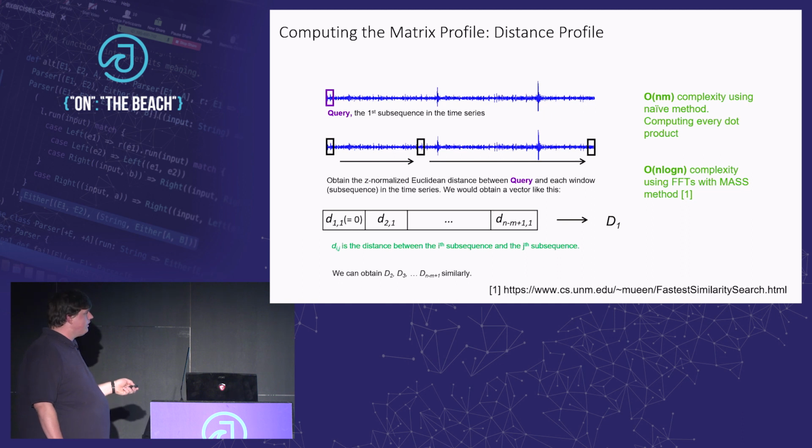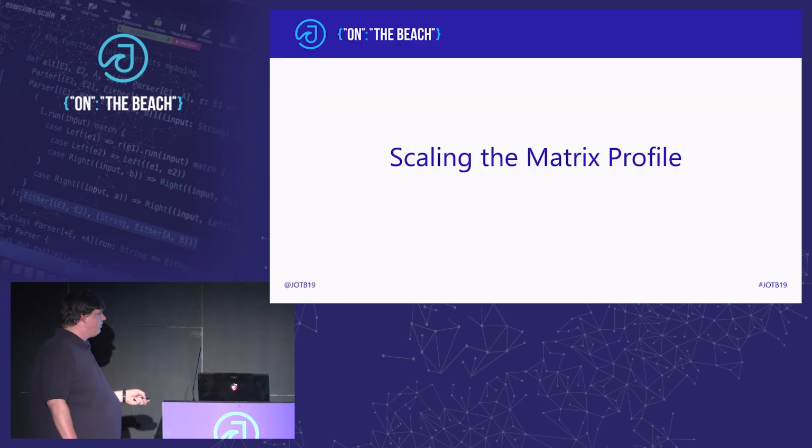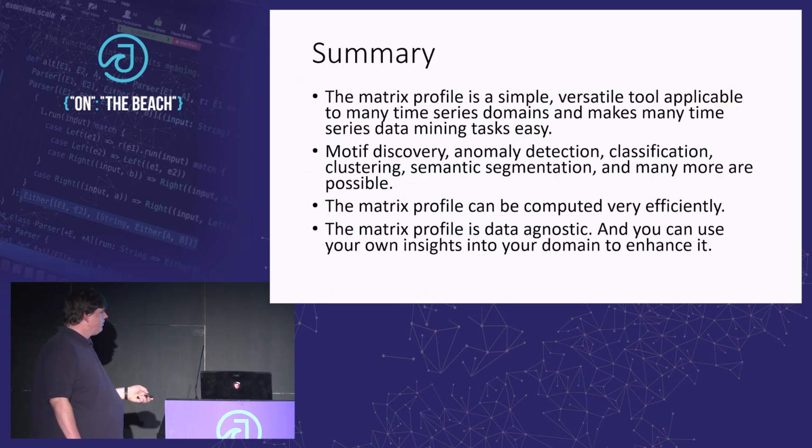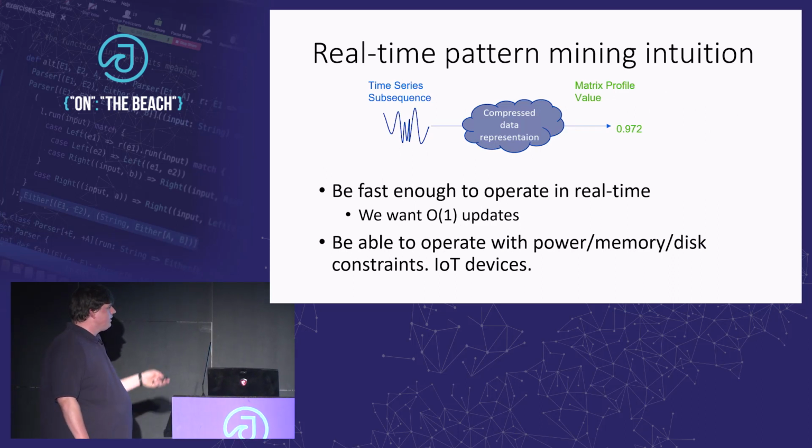A lot of this signal has similar behavior to other sequences in the time series. So maybe we can compress the representation and actually do this in a much faster, approximate way, right? We can take a time series subsequence, make a compressed data representation, and just predict a matrix profile value, right?